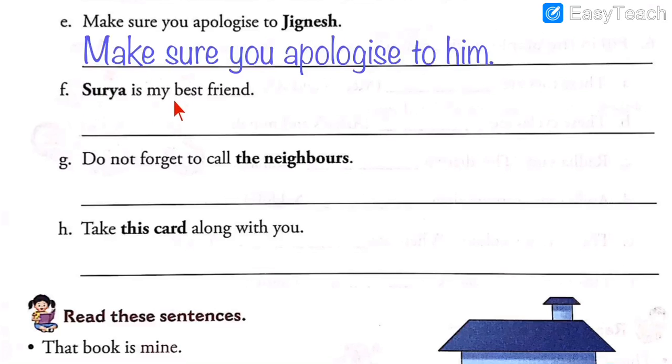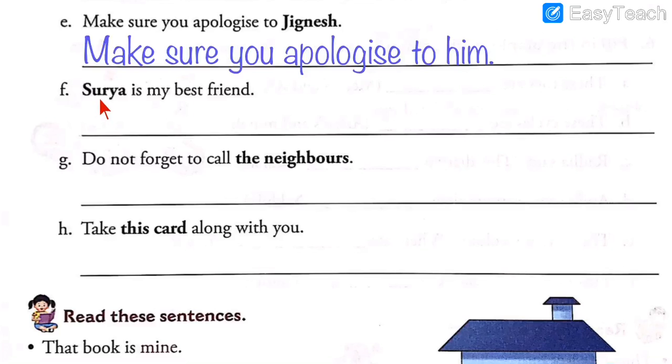Then number 6. Surya is my best friend. So who is your best friend? Surya. I asked the question who and it is the subject. That question comes in subject pronouns.